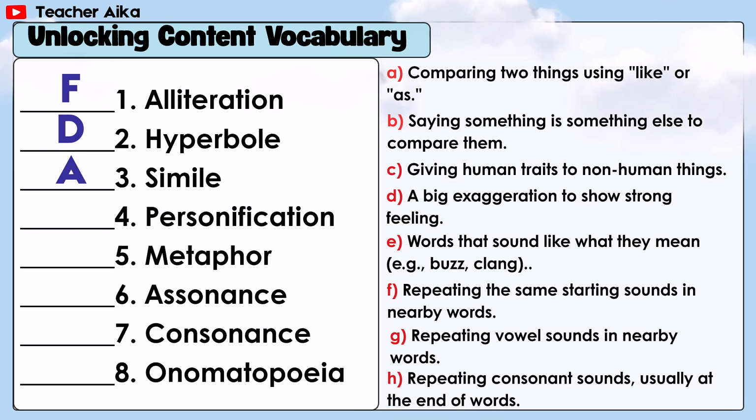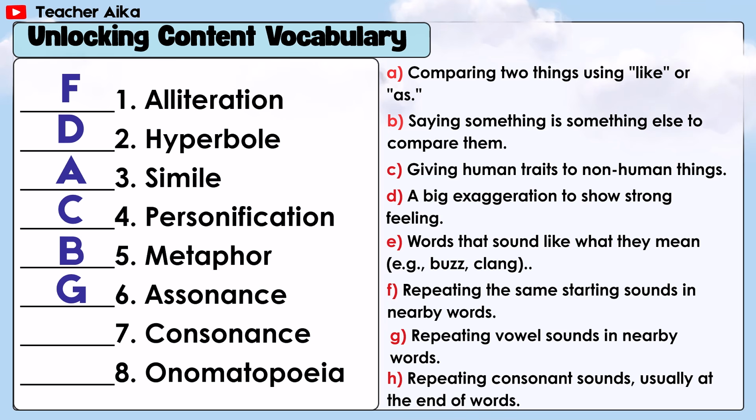4. Personification. Answer: C. Giving human traits to non-human things. 5. Metaphor. Answer: B. Saying something is something else to compare them. 6. Assonance.